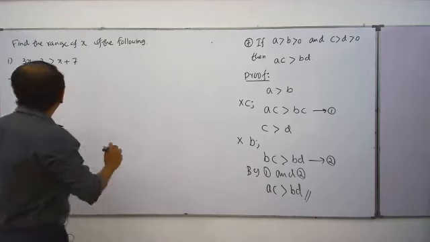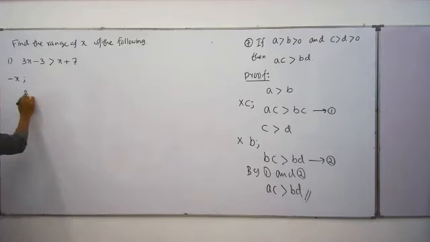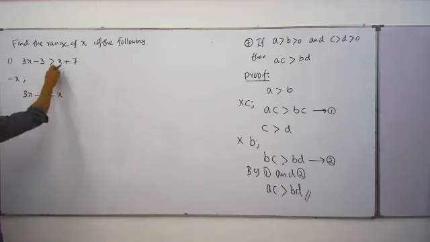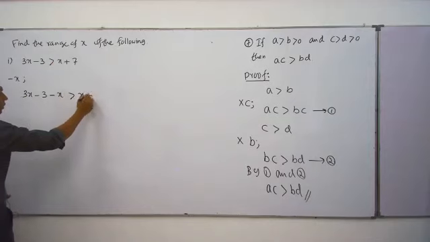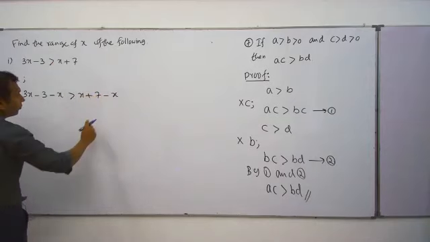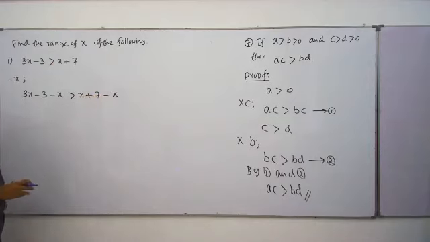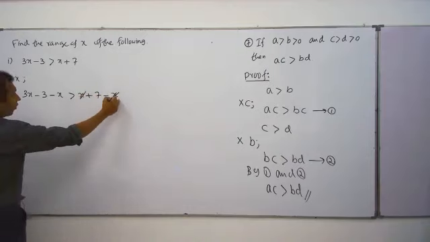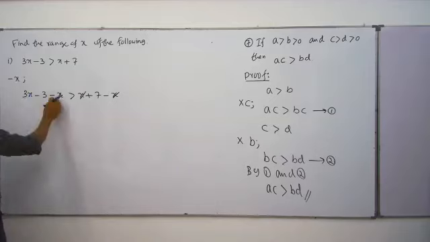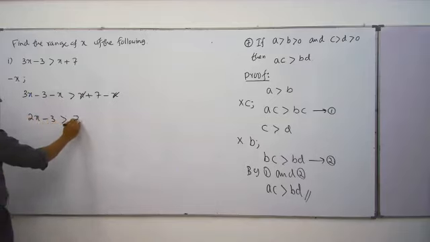Then I get 3x minus 3 minus x greater than x plus 7 minus x. The x terms cancel now, and 3x minus x is 2x, so 2x minus 3 greater than 7.